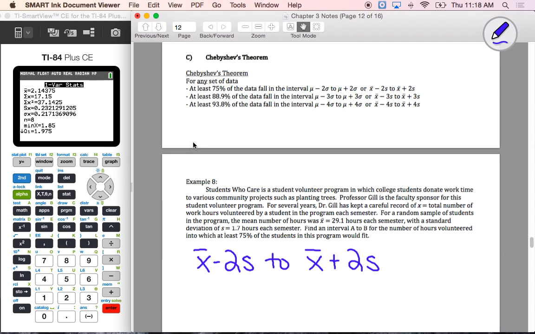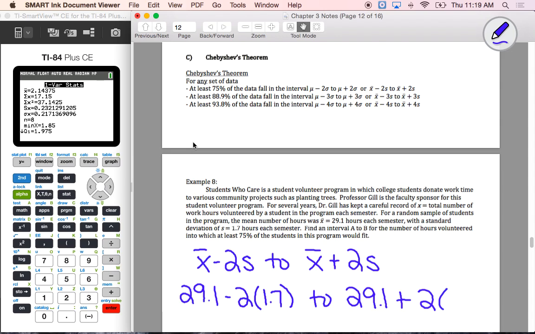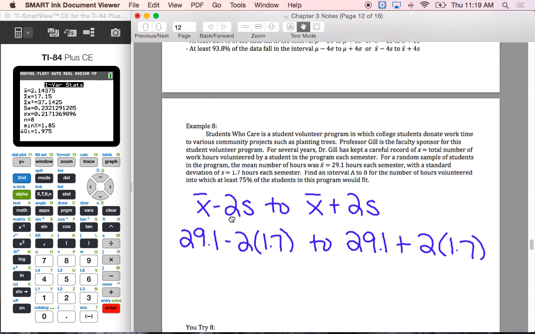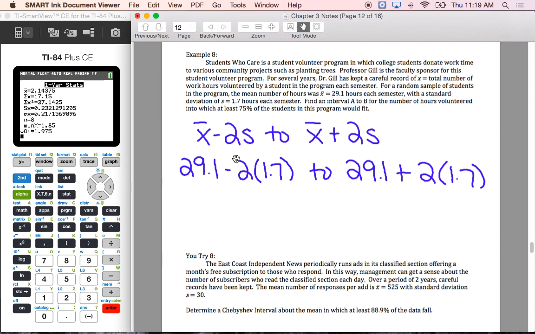So my x bar is 29.1. My s is 1.7. So we're going to plug those in to figure out what that range is going to be.